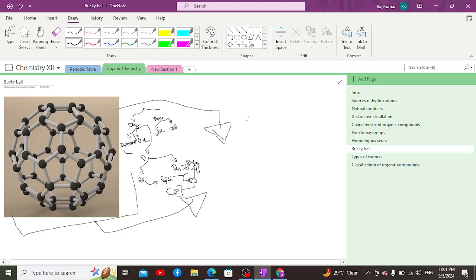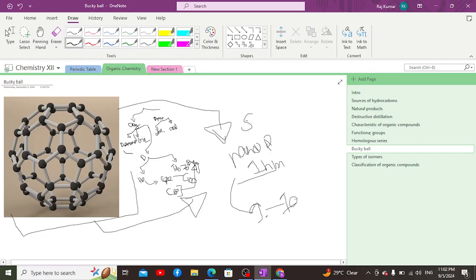After that, when it comes to structure, Buckyball is a nanoparticle. What does this mean? It means its diameter is around 1 nanometer, and nanoparticles are those with size from 1 nanometer to 10 nanometer.